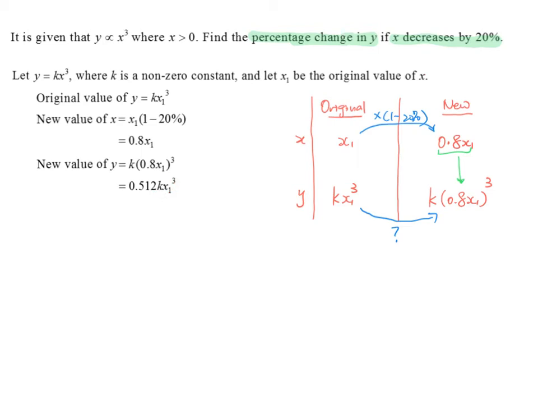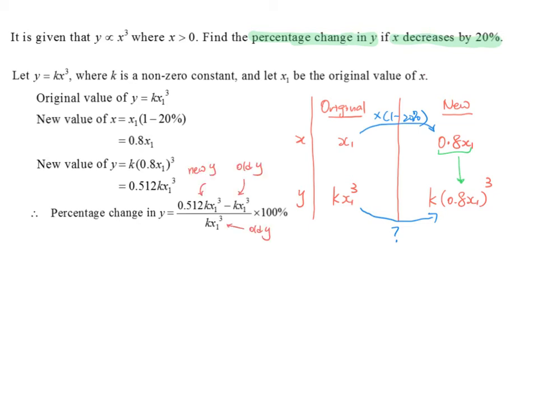Now you notice that so far we have not found the value of k. But in terms of this kind of question, when we talk about percentage change, we don't really care about the value of k. Now, what next? Back to Form 1 mathematics. The percentage change in y is just new y minus old y over the old y, the original y, times 100%.